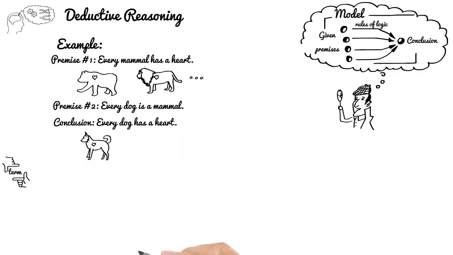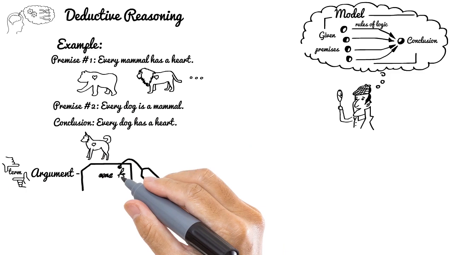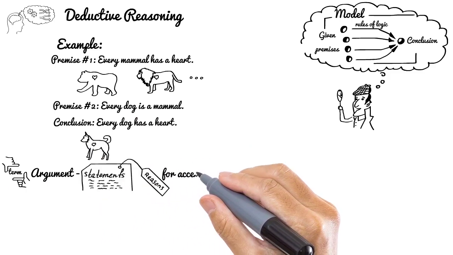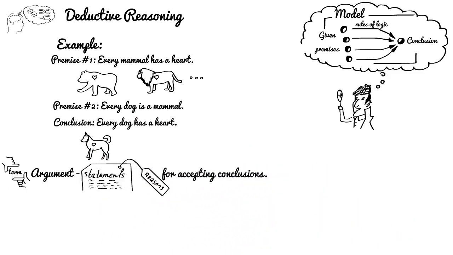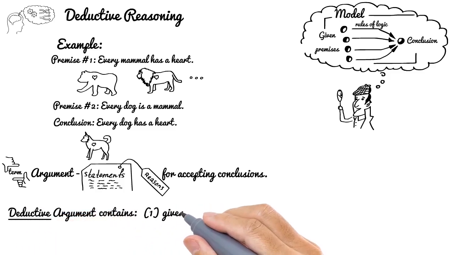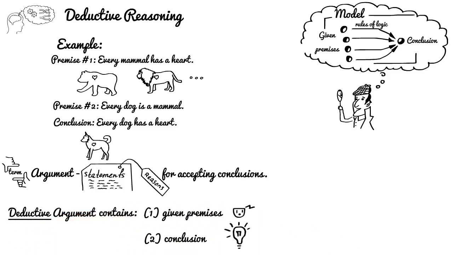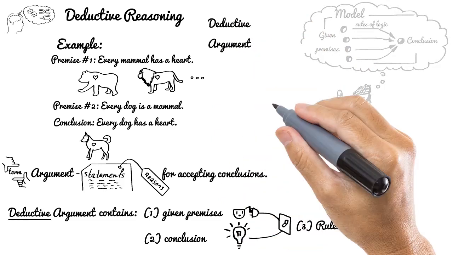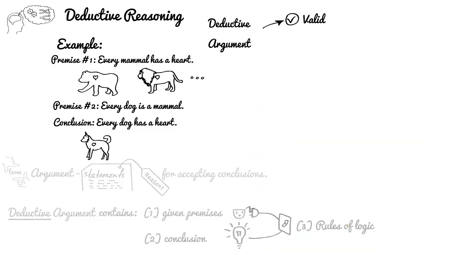An argument, by one of the definitions, is a series of statements used to present reasons for accepting conclusions. A deductive argument is an argument which contains initial given premises and a conclusion, implicitly or explicitly connected by rules of logic. A deductive argument can be valid as well as invalid.